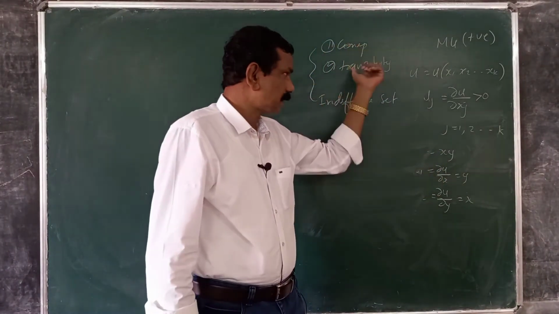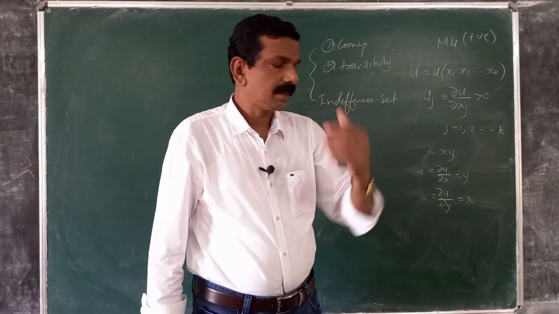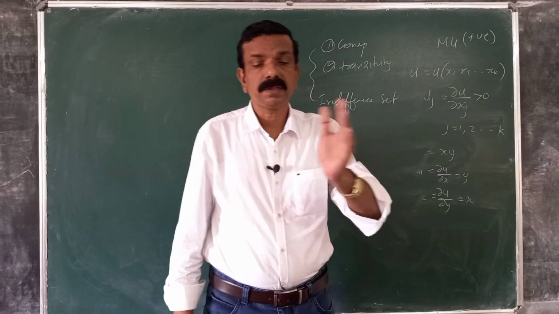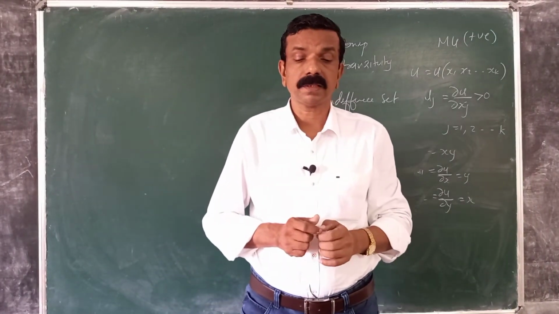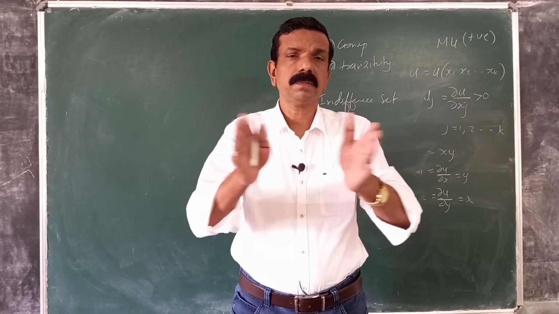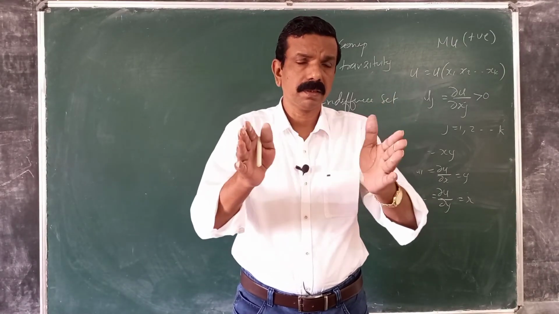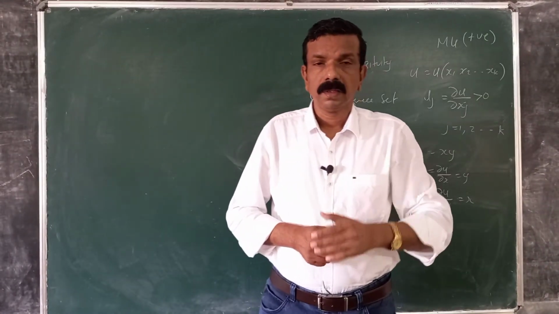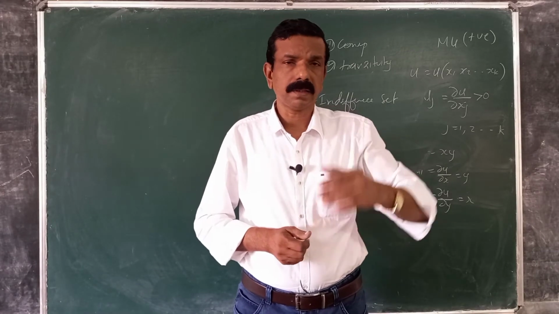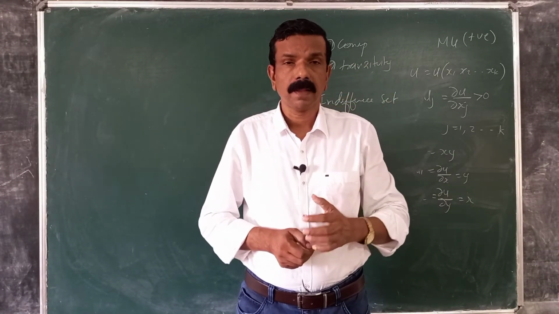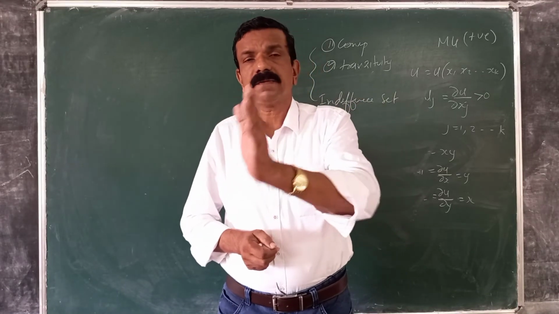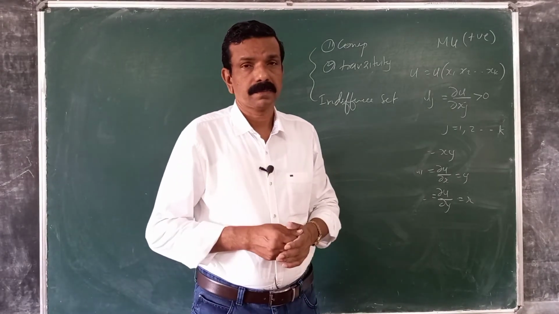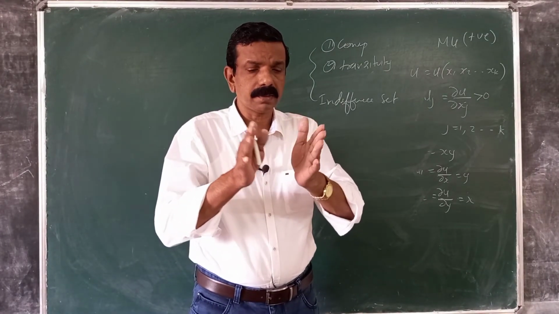Given these two axioms, we can always define the indifference set of commodity bundles, that is, bundles which give the same level of satisfaction to the consumer. And a consumer will be indifferent between any bundles in the indifference set. And axiom 3, that is, non-saturation, provides the direction of increasing utility given a change in commodity bundle.